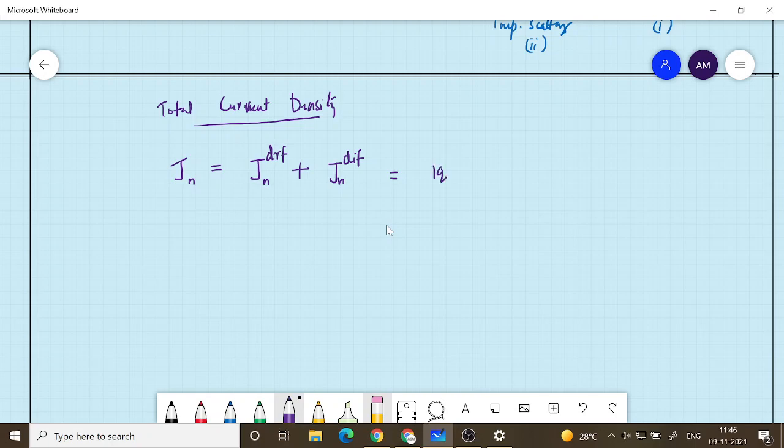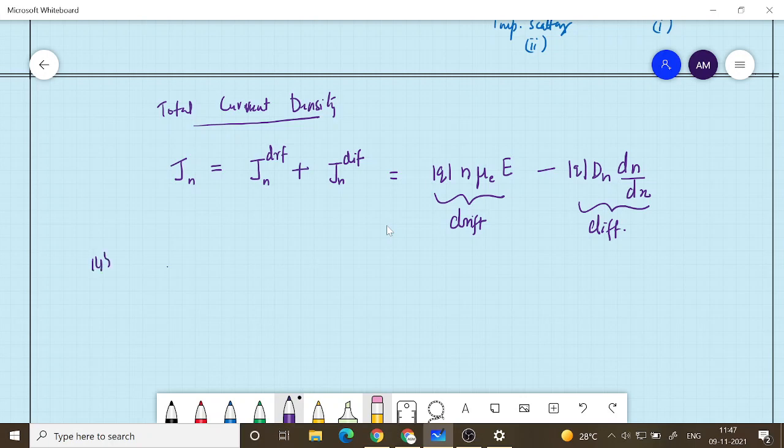It is modulus q n mu E, electric field, plus, now diffusion we just found out, it is minus q Dn dn by dx. This is the total current due to electron, where I have added. So this is the drift current density and this is the diffusion current density.